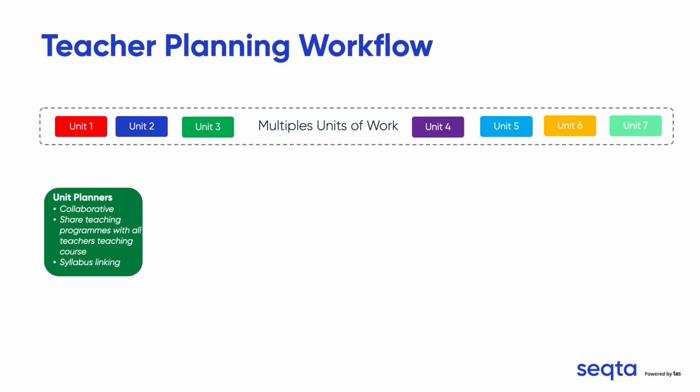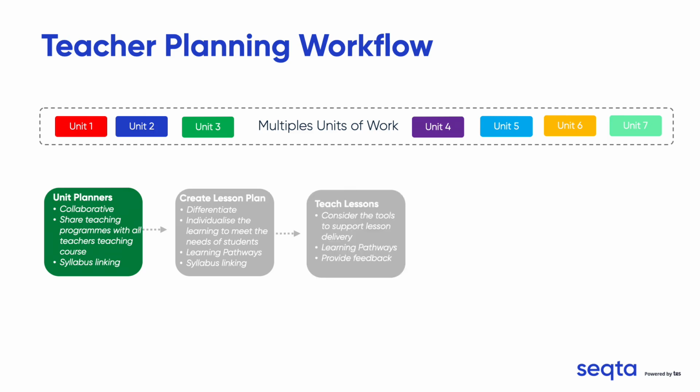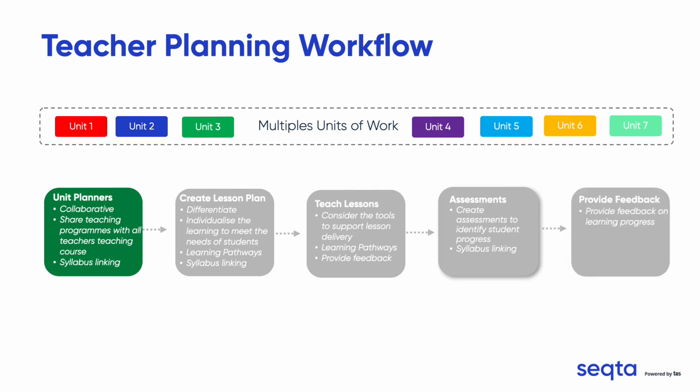It's collaborative, they're looking at their teaching programs, and they're thinking about the syllabus or the content descriptors they want the students to achieve. They then move on to breaking that down into individual lessons, teaching those lessons, then assessing throughout the course of the actual unit and at the end, and then they have to give feedback. So that's the typical one unit workflow.